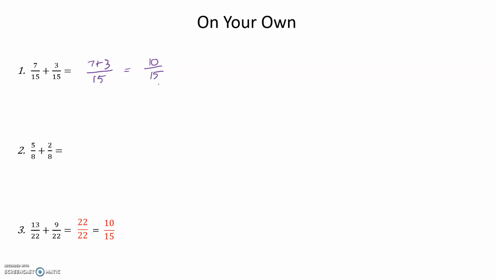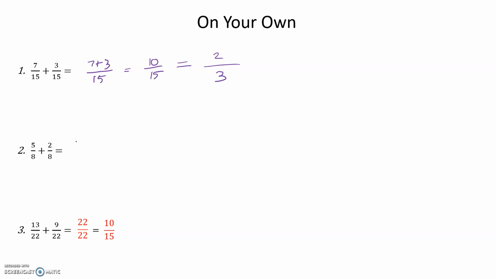If you stop there, that's okay, but I can keep going and simplify that even more. 5 is a common factor, so I'm dividing both by 5, and I get 2/3.